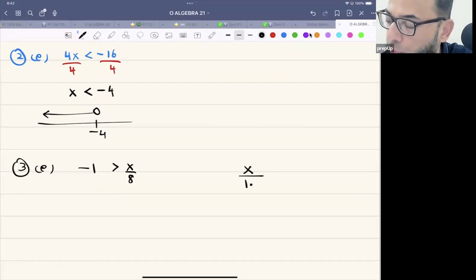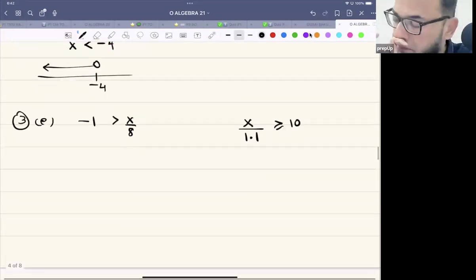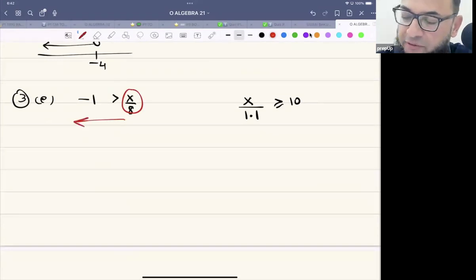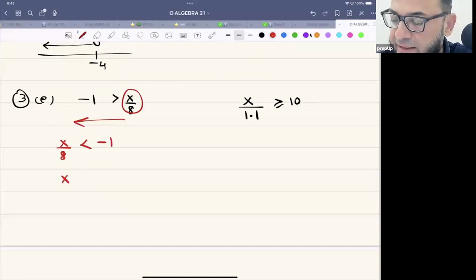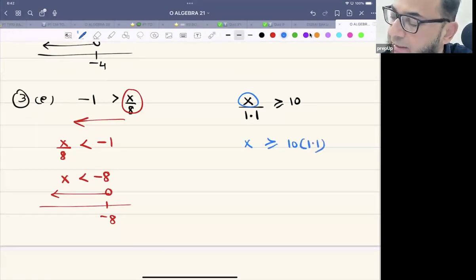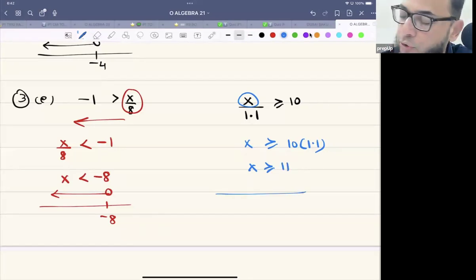Now this one, let me write it from the perspective of x. x over 8 is lesser than minus 1, so x is lesser than minus 8. So this is negative 8, x is lesser than negative 8. Over here, x over 1.1 is greater than or equal to 10, so x is greater than or equal to 10 times 1.1, x is greater than or equal to 11. So this is 11, greater than or equal, that's a solid circle going to the right.